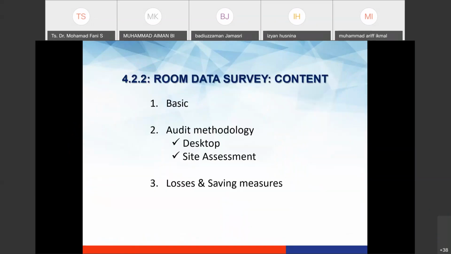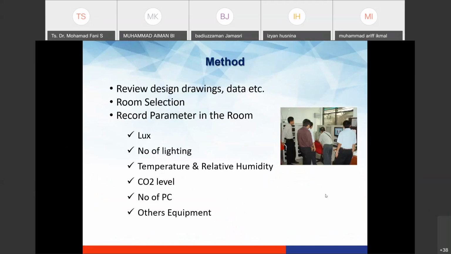Okay, room data survey. It's the method to review design, drawing, data, room selection, and record parameters in the room. So in the room, we can record the parameters such as lux, number of lighting over there, temperature and relative humidity, CO2 level, number of PCs, for example, the load, and other equipment.